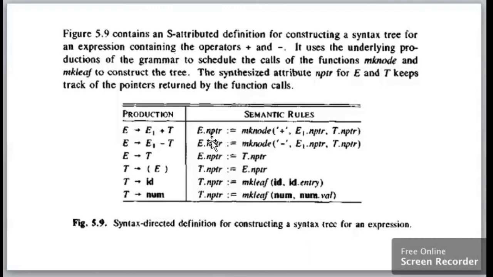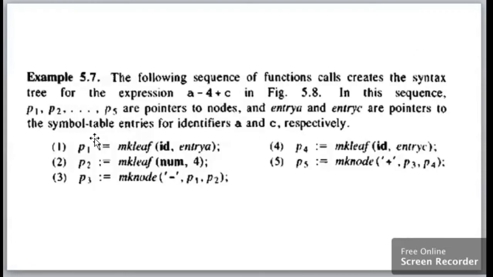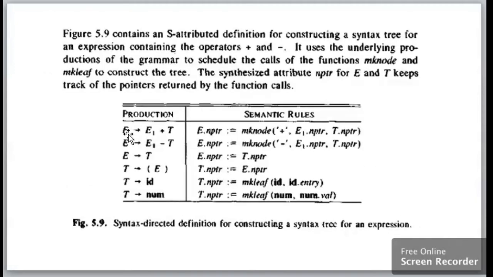So E is going to be represented over here as E.nptr, where nptr represents new pointer. So that is what we have represented over here as P1, P2, P3, P4 and P5. So this is going to be again mknode E.nptr, T.nptr, and this is for the make leaf, this is for the num, that is number.